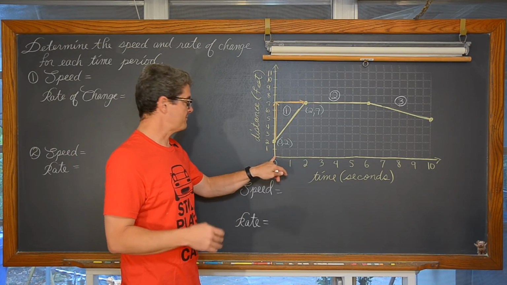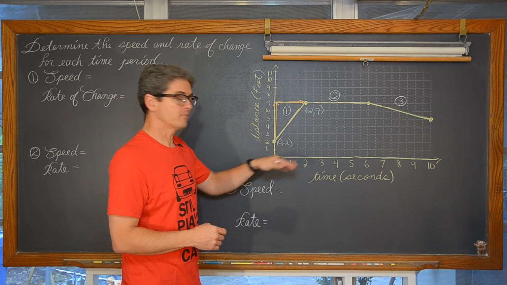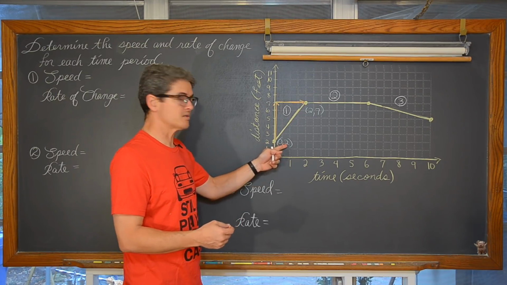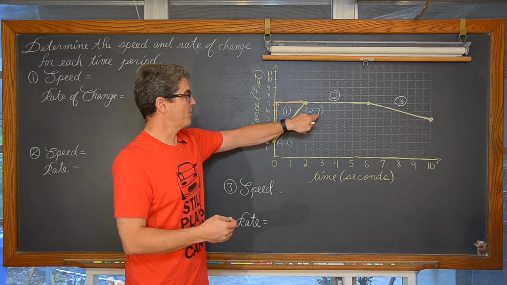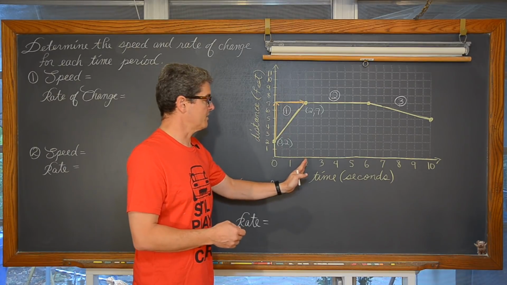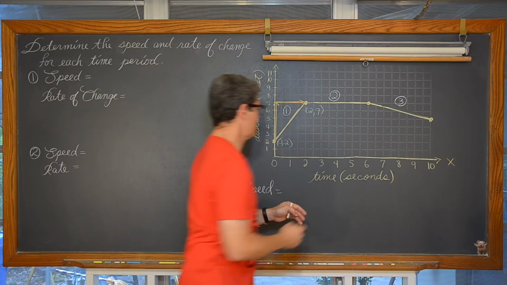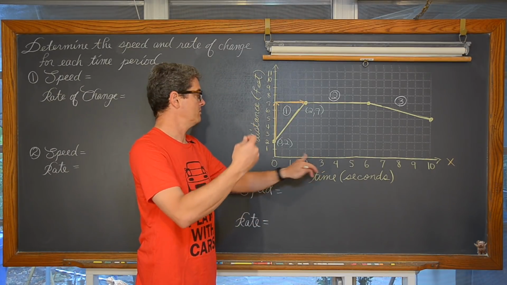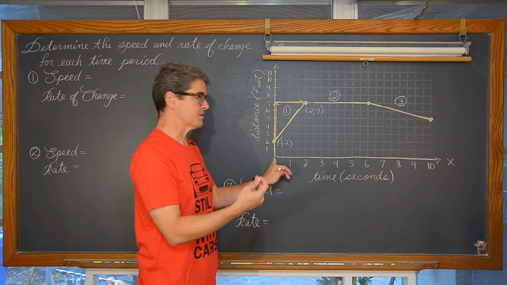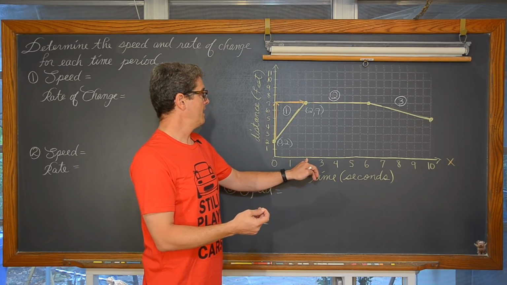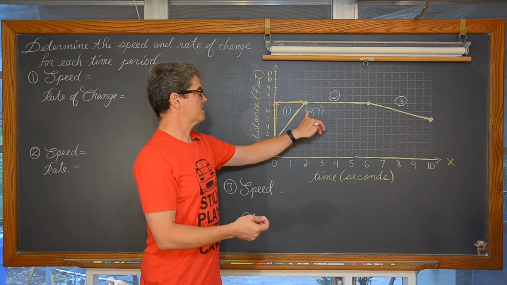Now I've correctly identified this as 0, 2, because I looked at 0 and I went up 2. I've identified this point as 2, 7 because I looked along the x-axis, which has the variable of time in seconds, and I went over 2 from 0, the origin, and then up to the y-coordinate of 7, and I wrote 2, 7.